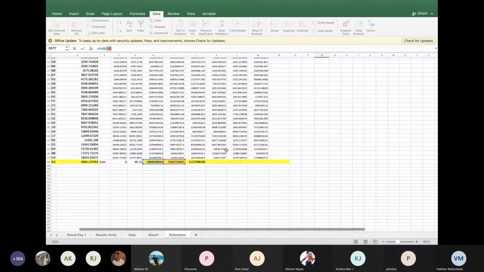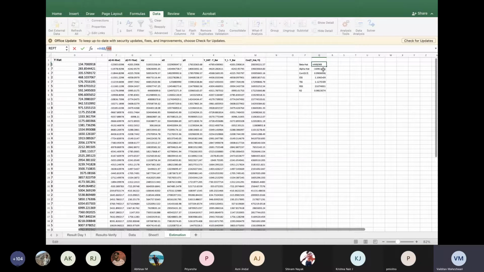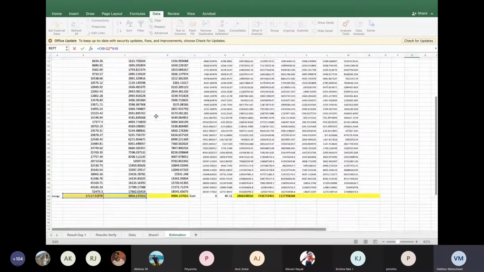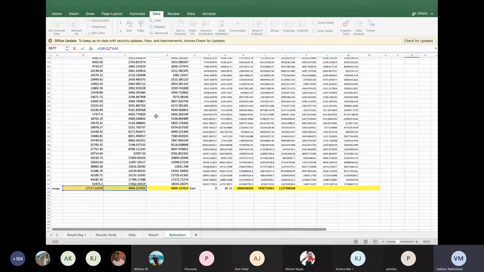Okay. Now what is the OLS estimator of alpha hat? I think it is similar to that at row 48. Y bar minus beta hat x bar. You see where I have y bar, C48. Y bar, yes, sir, this is the average.